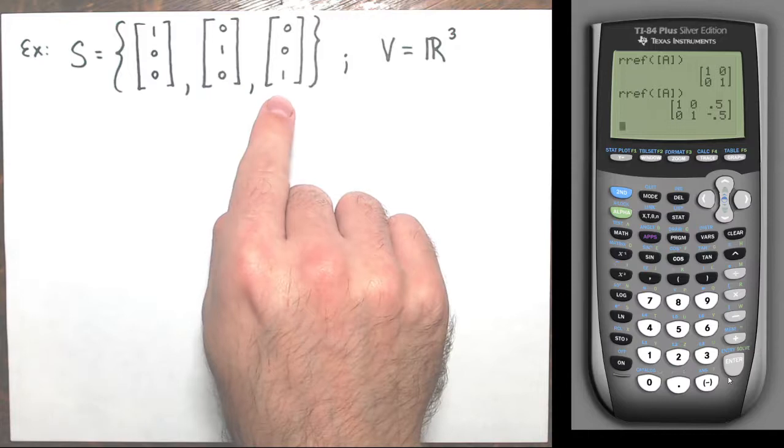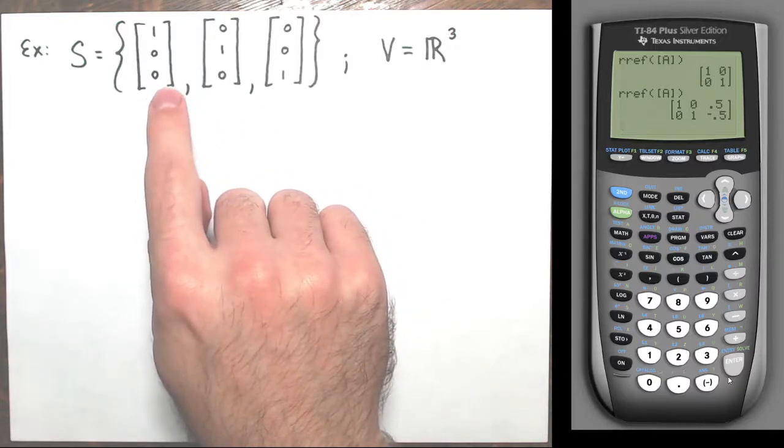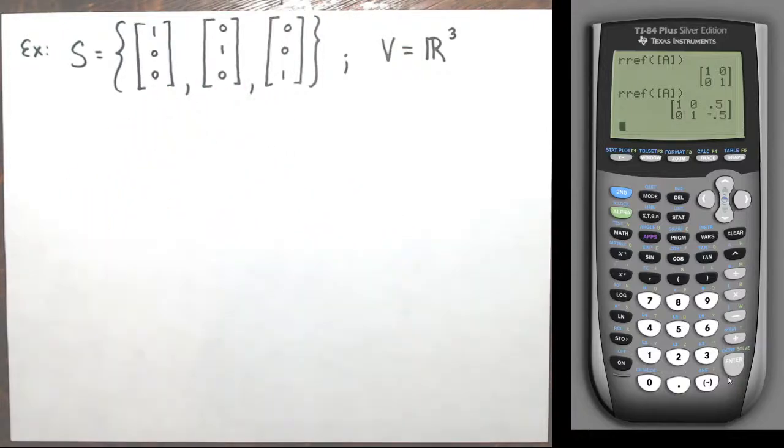This is that standard basis. If you put all these columns into a matrix, it would make the 3x3 identity matrix. Remember, if the columns of the identity matrix are my vectors, then we have what's called a standard basis for the Euclidean space.